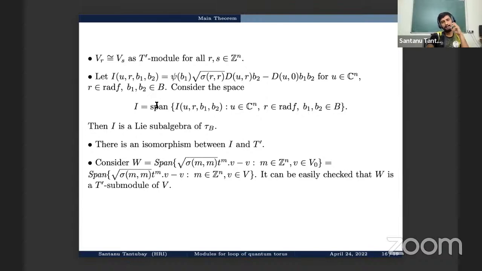Now we consider the subspace of the module V that is spanned by root over sigma_mm T^m action on v minus v, where v is running inside the zeroth component of the weight space.